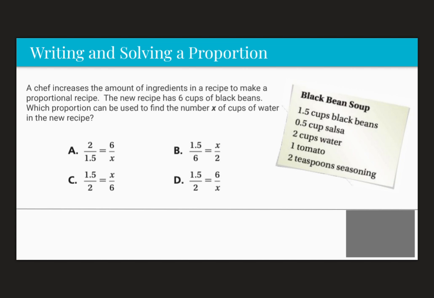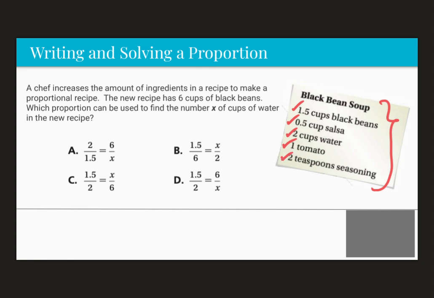Okay, so let's look at the original recipe for the black bean soup, which is right here. The original recipe has 1.5 cups of black beans and 0.5 cup of salsa. I'm going to say that's half a cup. And then we have 2 cups of water, 1 tomato, and 2 teaspoons of seasoning.